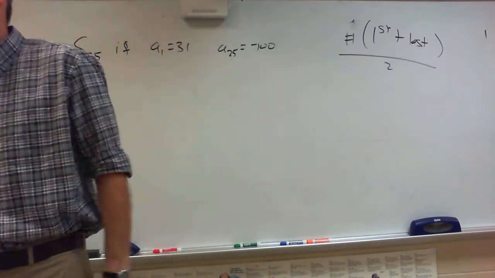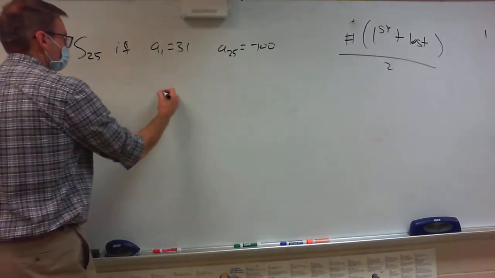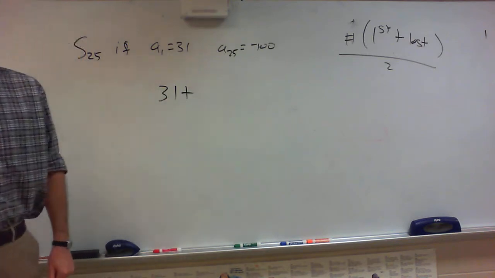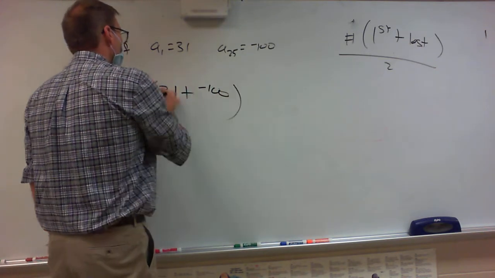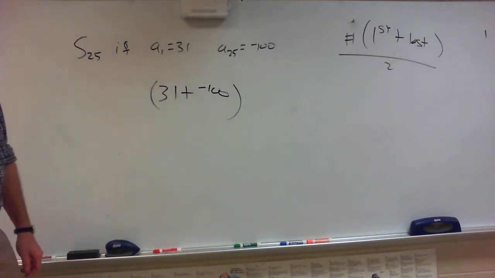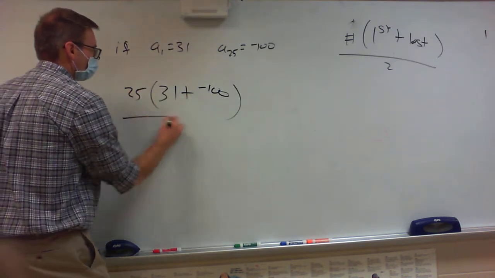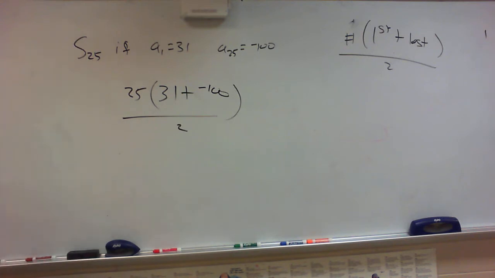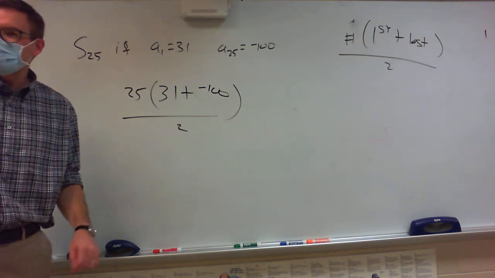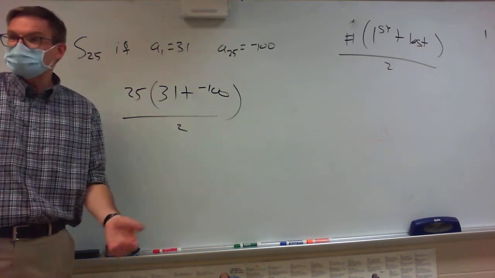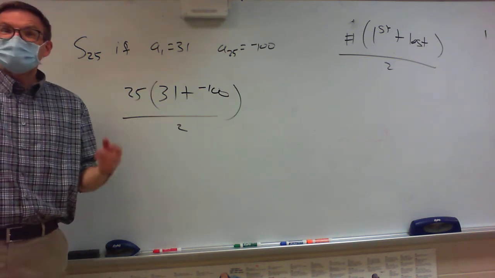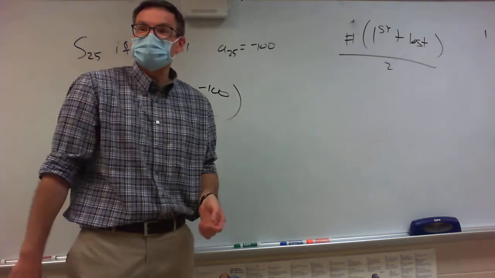What's your first term? What's your last term? Negative 100. How many terms you got? 25. Does everybody see why I call this an easy problem? It's an easy problem because I've given you exactly what you want: first term, last term, number of terms.